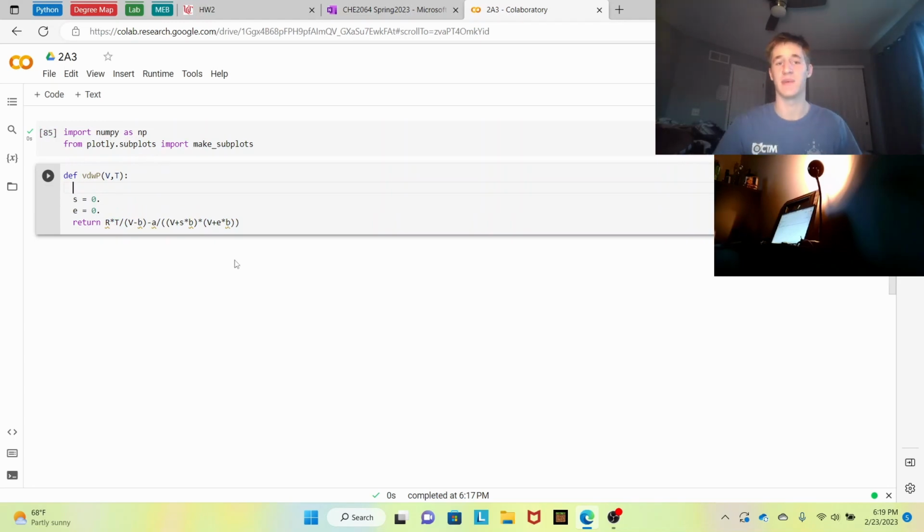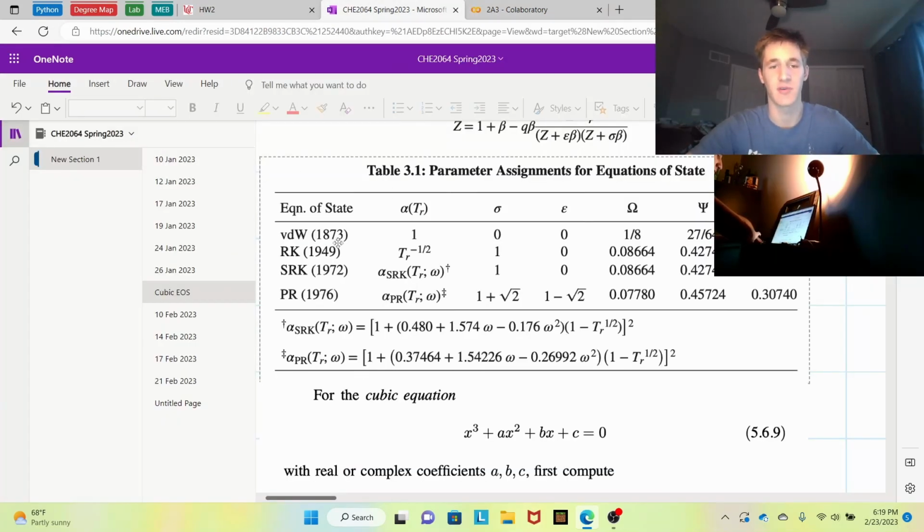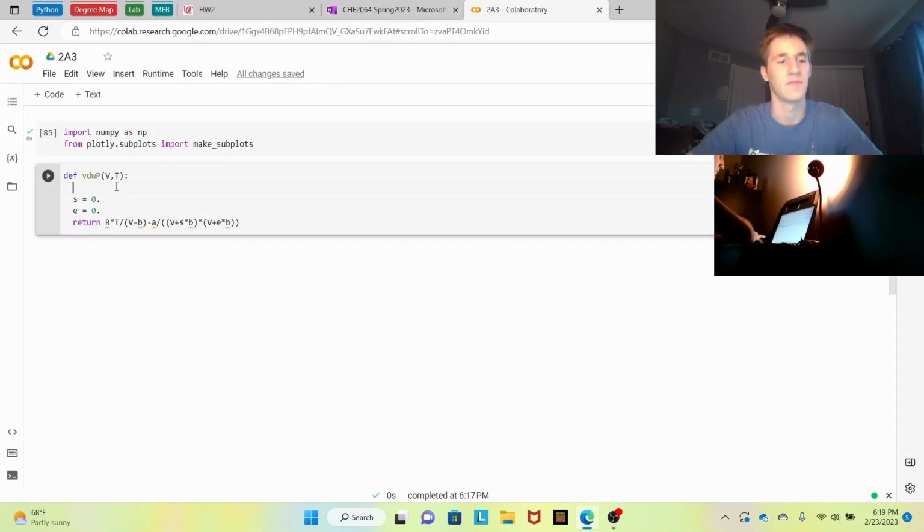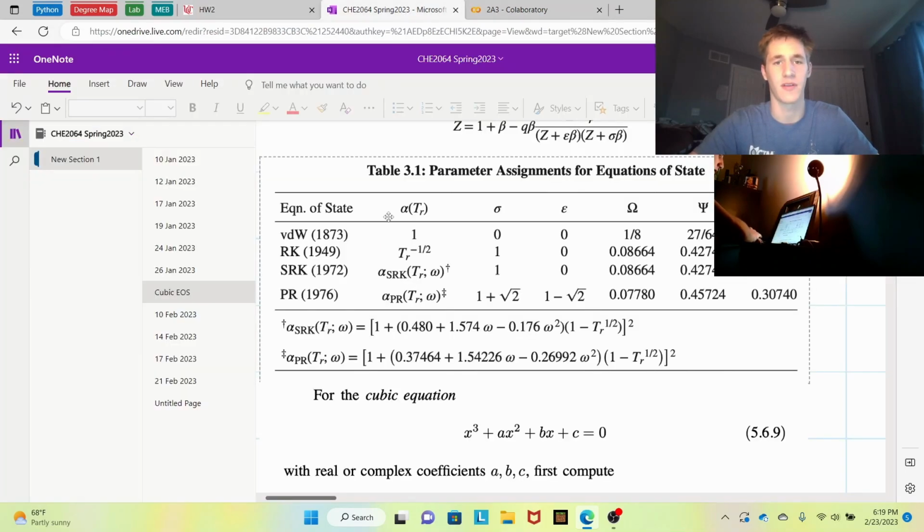I will leave them in the equation because even though this bottom part will just end up being V squared, and epsilon and sigma really kind of go unused, it's a lot easier to translate to some of these other equations of state if we just leave them in for now.